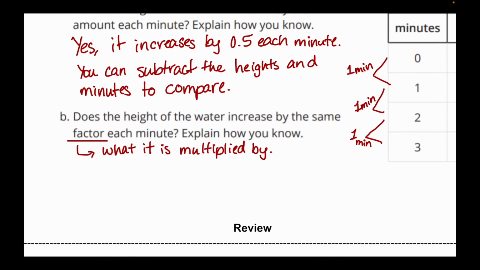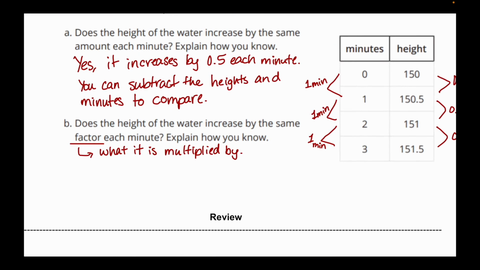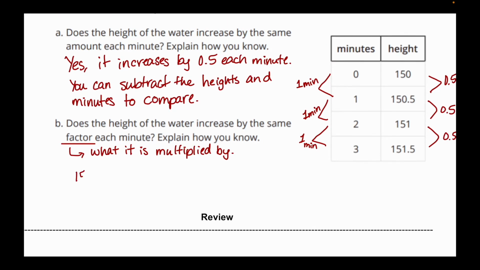So I'll write those out, and then I'll punch them in a calculator and show you what I mean. So we can say 150.5 divided by 150, and then we're also going to say 151.5 divided by 151, and my calculator is going to show me the answer in just a second.